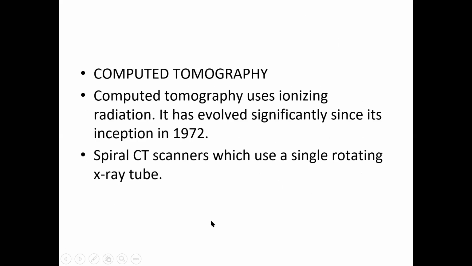Computed tomography uses ionizing radiation. It has evolved significantly since its inception in 1972. Spiral CT scanners use a single rotating X-ray tube. So very importantly, computerized tomography is from 1972, and it is using ionizing radiation, like X-rays. Tomo means cutting, like dissection.